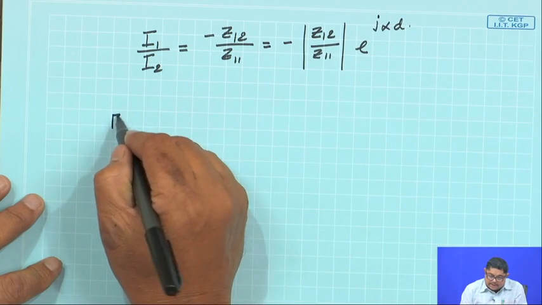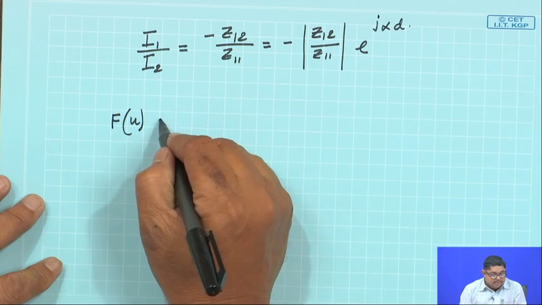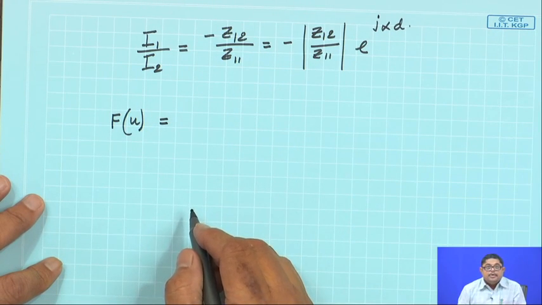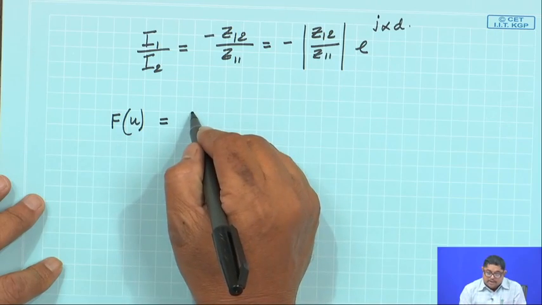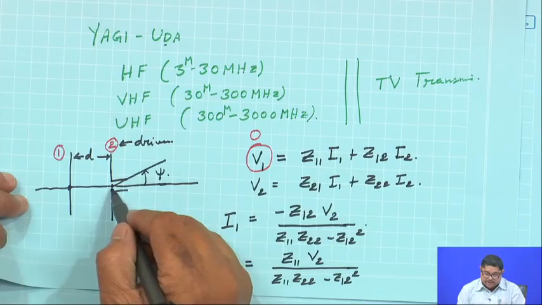Now, can I say what the field array pattern will be? This is my reference, the 2 is my reference, you see.